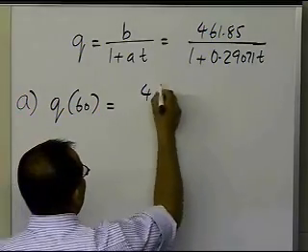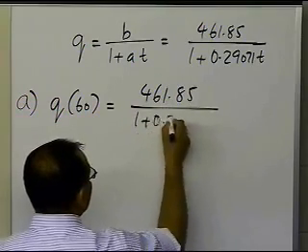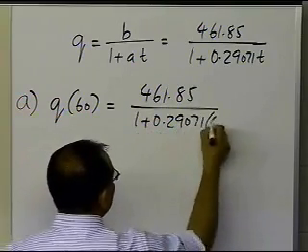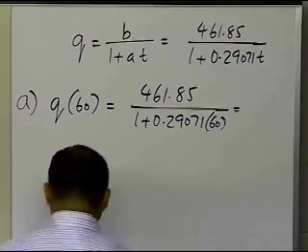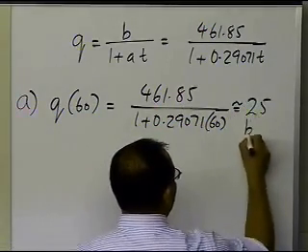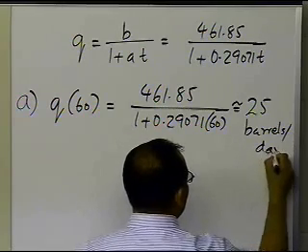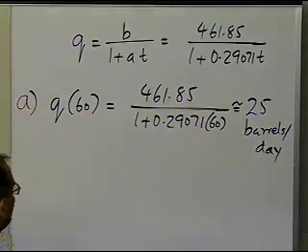So I'm just going to plug 60 into the formula which I just derived for the harmonic decline curve. And this value turns out to be approximately 25 barrels per day. So at 60 months, you'll have about 25 barrels per day.